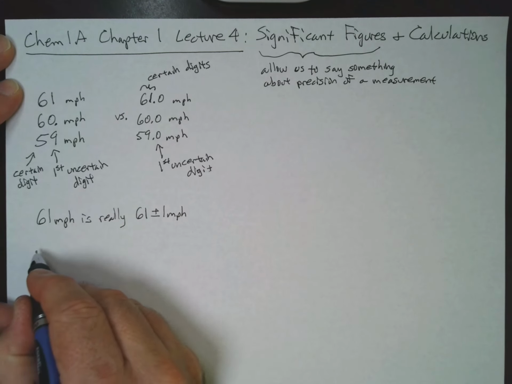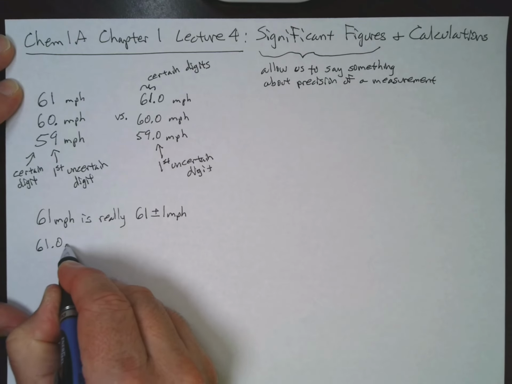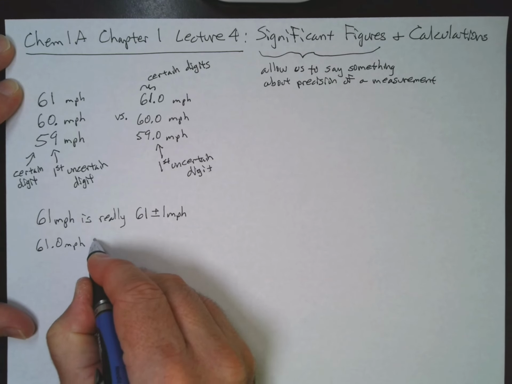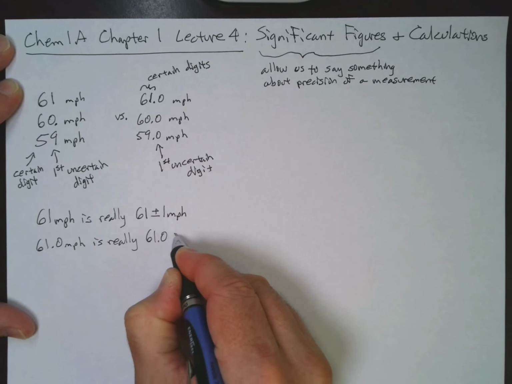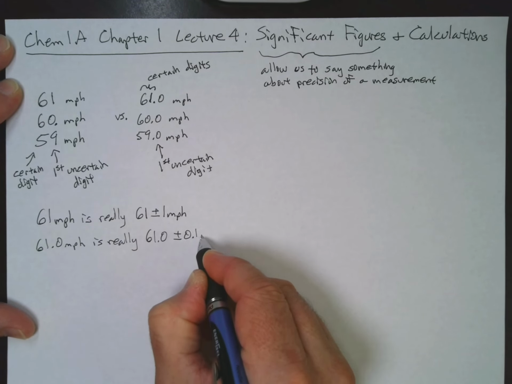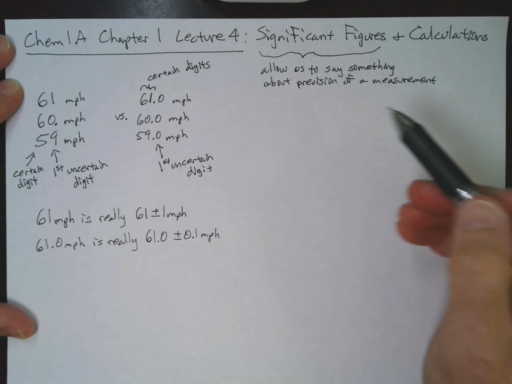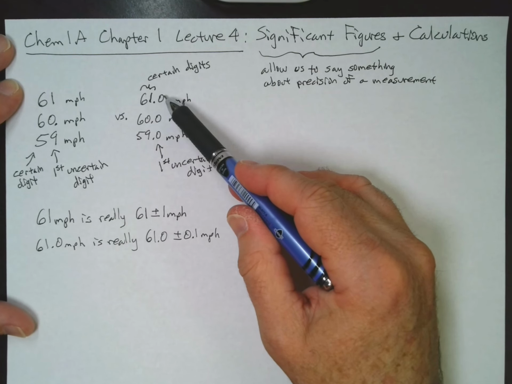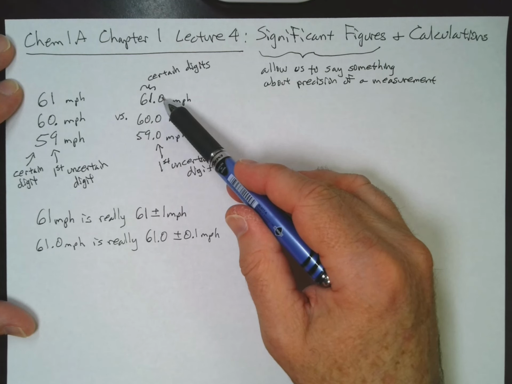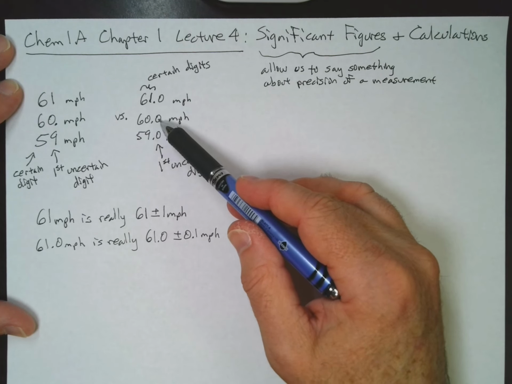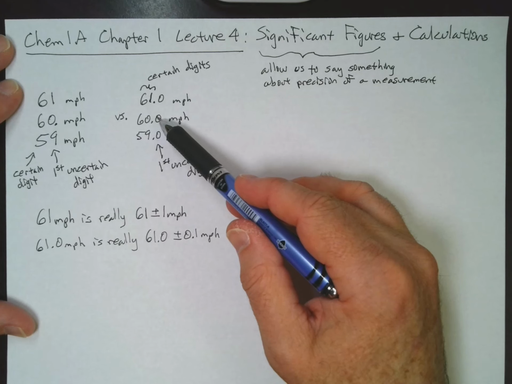However, when I have 61.0 mph, that's really 61.0 plus or minus 0.1 miles per hour. So then my 61.0 could have been 60.9, or it could be 61.1. My 60.0 could have been 59.9 or 60.1.